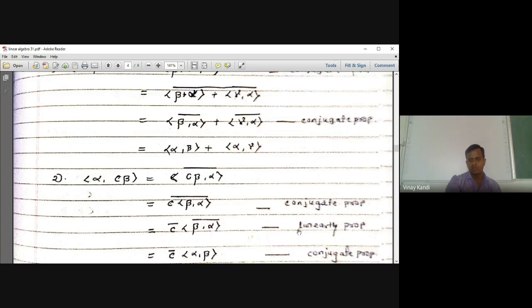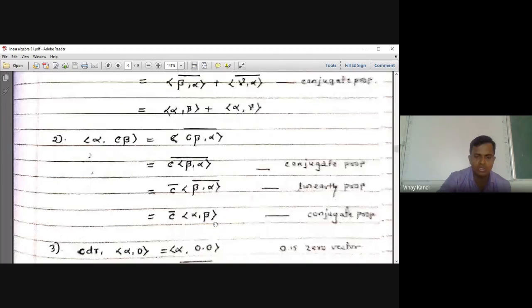Okay, if you have (a into b) whole bar, then we can write a bar into b bar. By this property, we can write c bar into inner product of beta alpha bar.